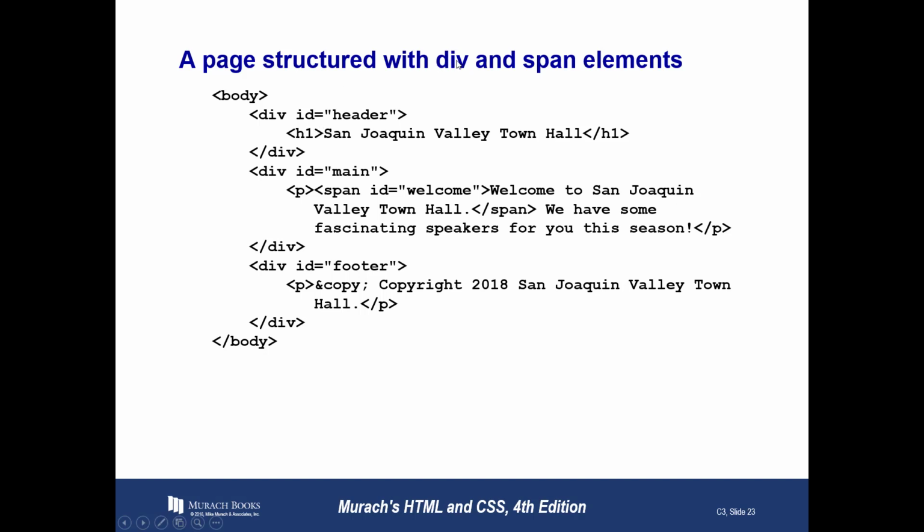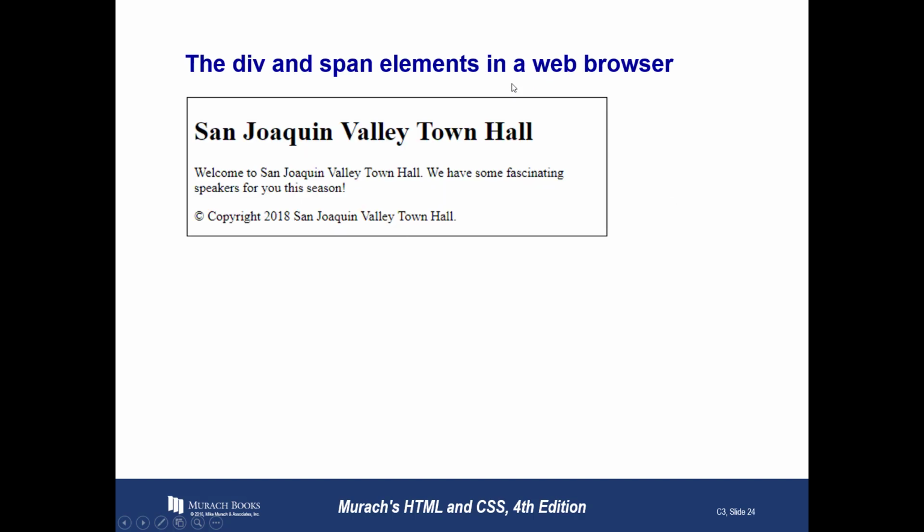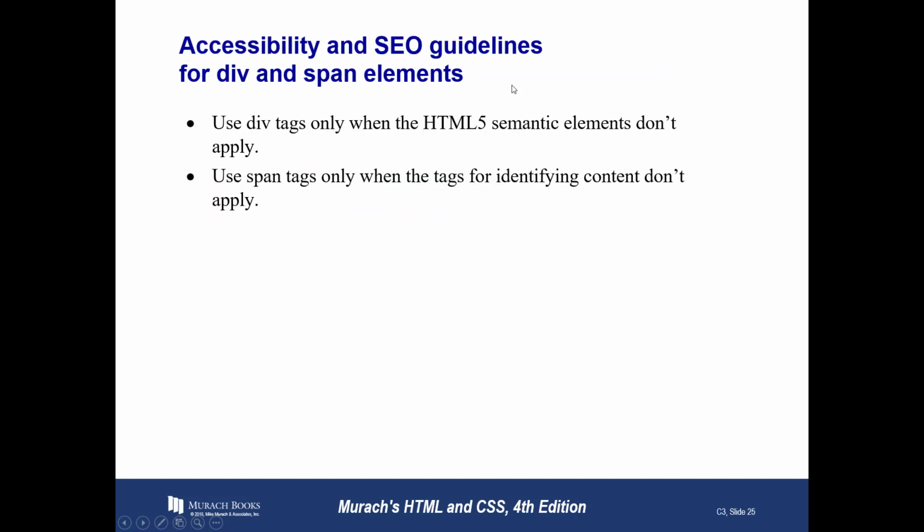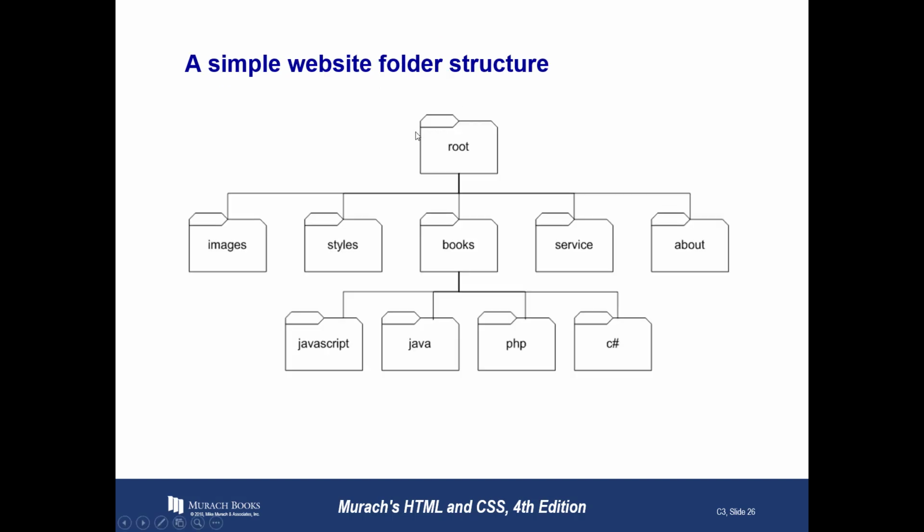A div is a block level element. So basically there'll be a line before it and afterward. It goes the whole line. Span is an inline element. Okay, we're going to get on those a lot. All right, but the idea is many div elements have been replaced with these semantic HTML5 tags.